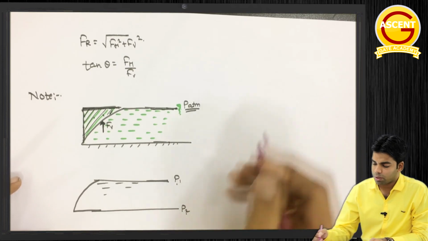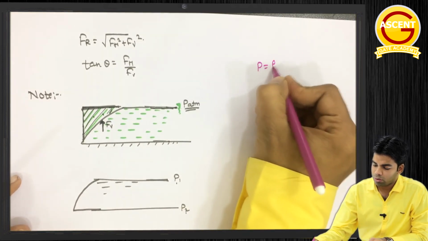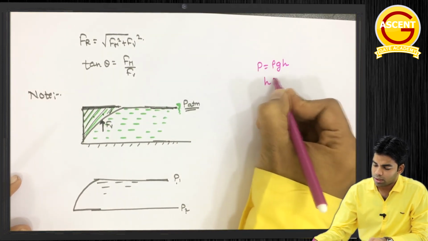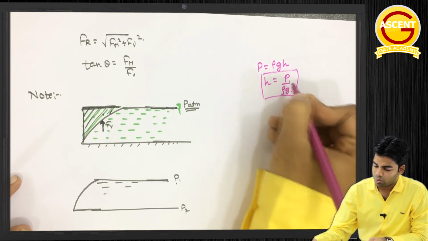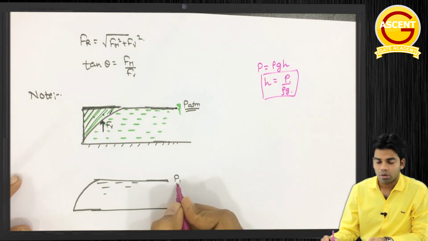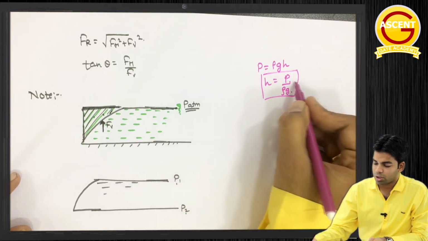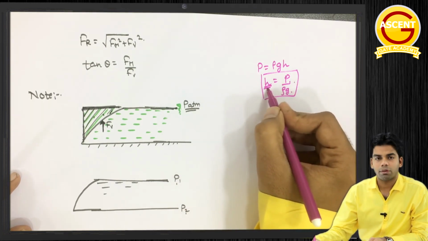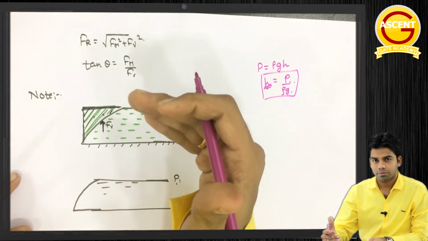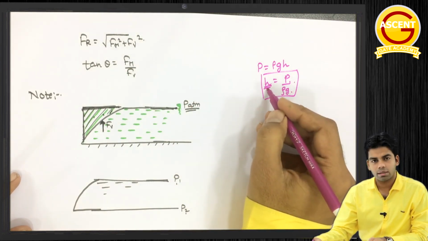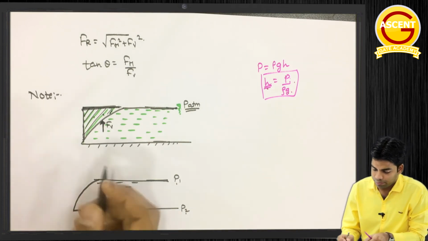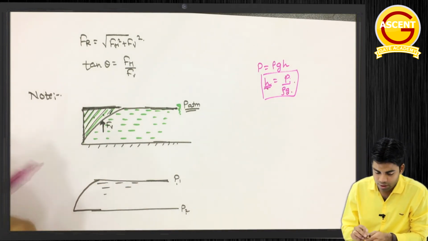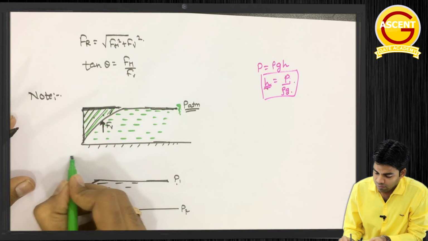And how can we assume the free liquid surface? If P is equal to rho g h, h is equal to P by rho g, this we have already seen. So if suppose the pressure here is P1, then corresponding to this pressure, the height of the water column above that will be equal to h, which is equal to P by rho g. Okay, so we will consider the free liquid surface above this.